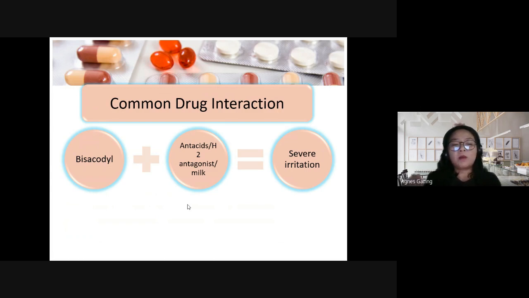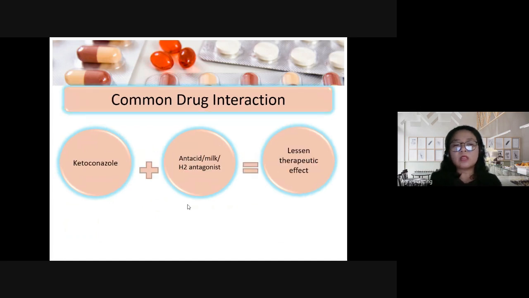So, magdi-disintegrate na siya. Okay? And then, since bisacodyl is quite irritating to the stomach, it might result to severe irritation. Okay? Hindi ko masyadong lalaliman muna ngayon, no? So, medyo preview muna tayo.